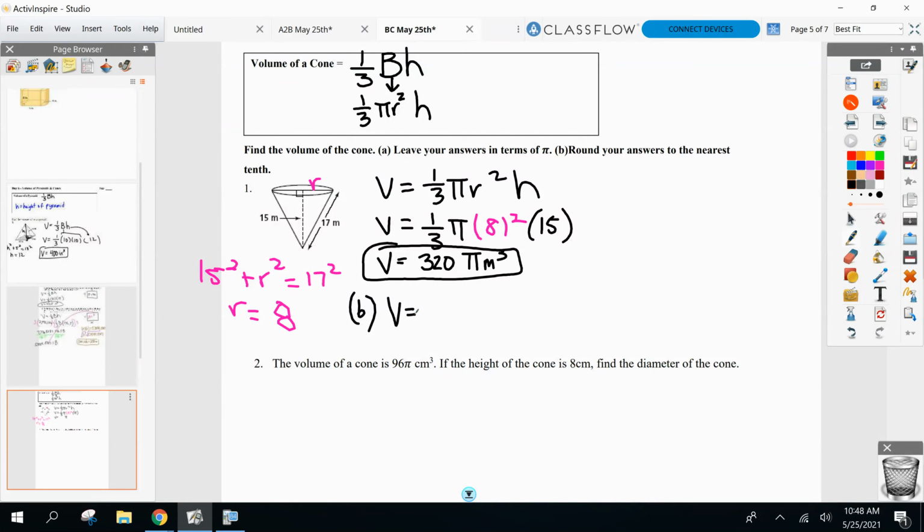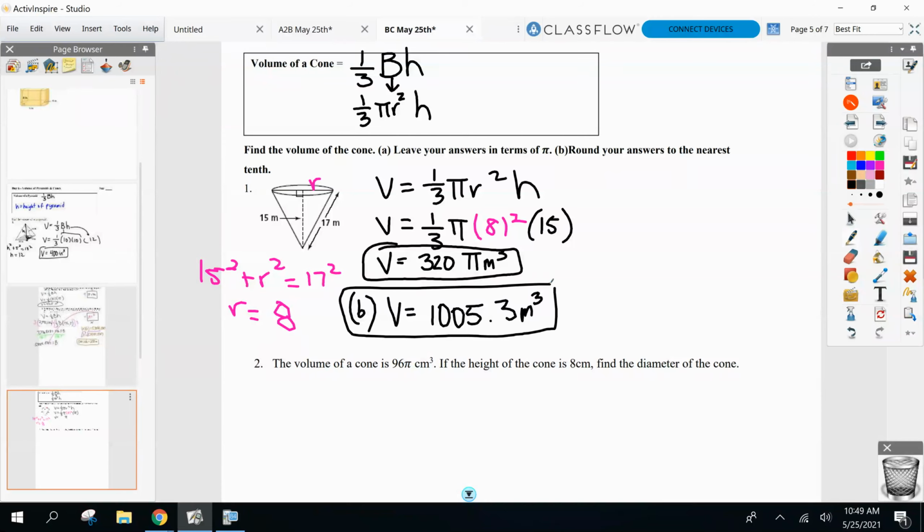What do we got here? I don't know. 1,000.3. Do I trust you? I mean, that's what I got. No, come on now. It's not a good backup plan here. Meters cubed.